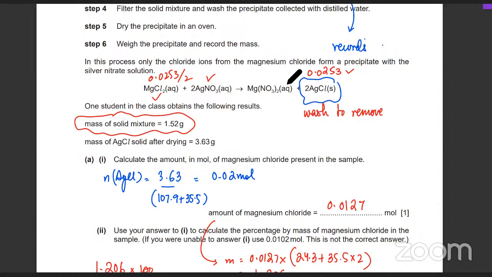Because they are soluble, if some of it is still remaining on top of the precipitate, it will get washed away.